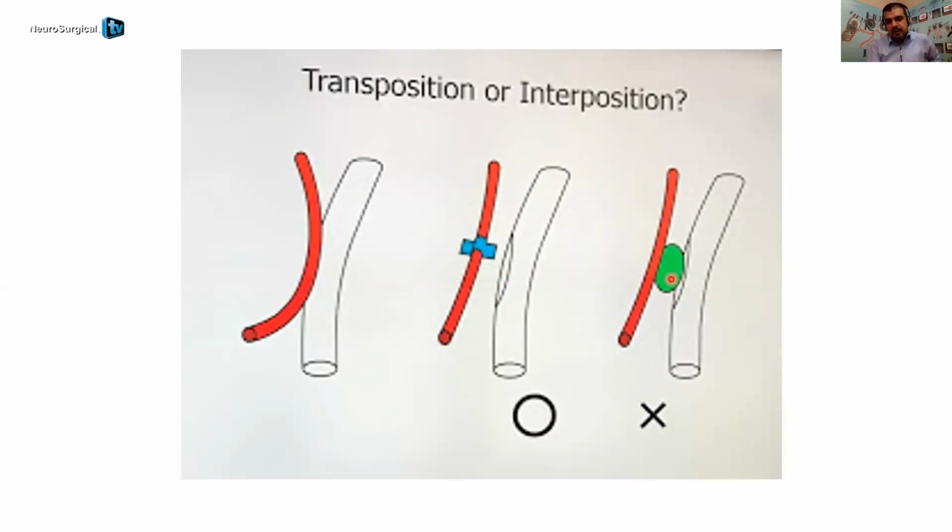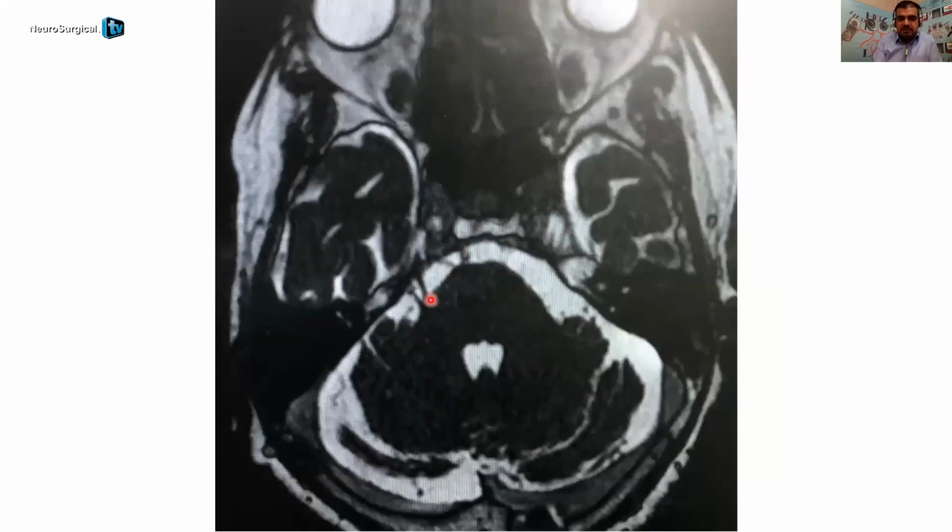Why should I put a Teflon piece between the artery and the nerve? Because I can put a sling to pull the artery away from the nerve. It's an interesting idea. It's used around the world now, especially for recurrent cases, and it will be demonstrated here.